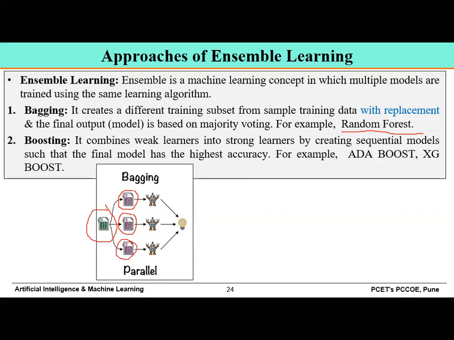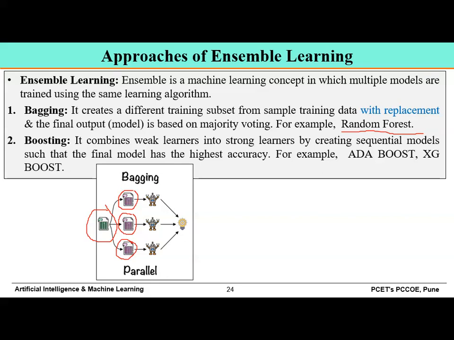For example, from your class, this row is the first sample, this is the second sample, and the third row is the third sample. That could be an option to draw a sample. Or I could take all the students from the first row and some of the students from the second row as my first sample. It will be your decision how you go ahead with the sample preparation.